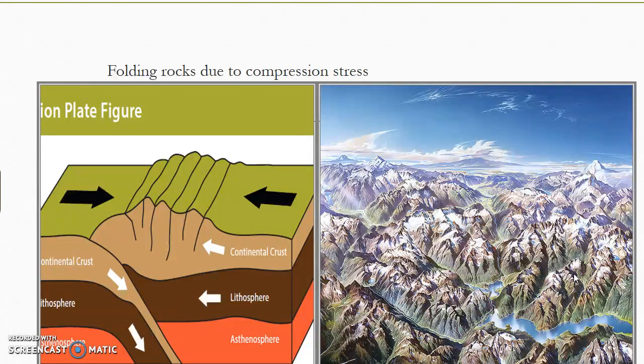It's all folded up because we have compression stress where there's nowhere else for the plates to go. So it causes the rocks, aka the mountains, to fold or buckle, creating these ridges and these little valleys that you see in these peaks all along here.